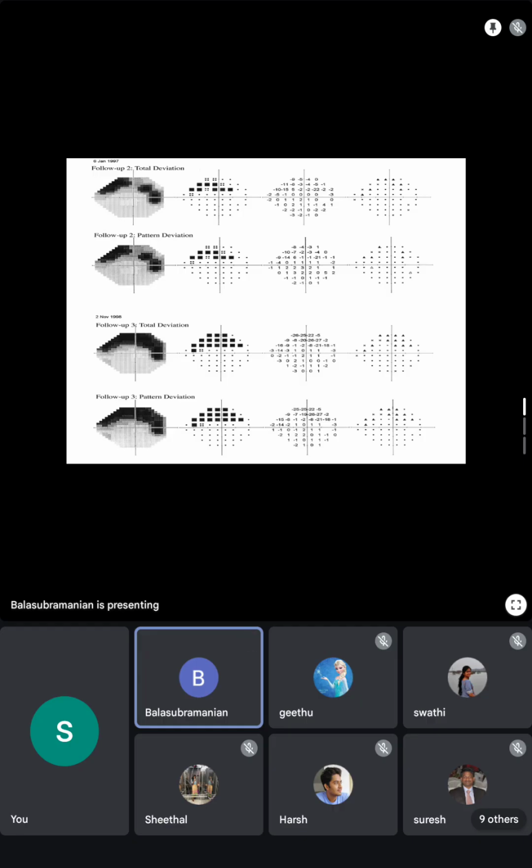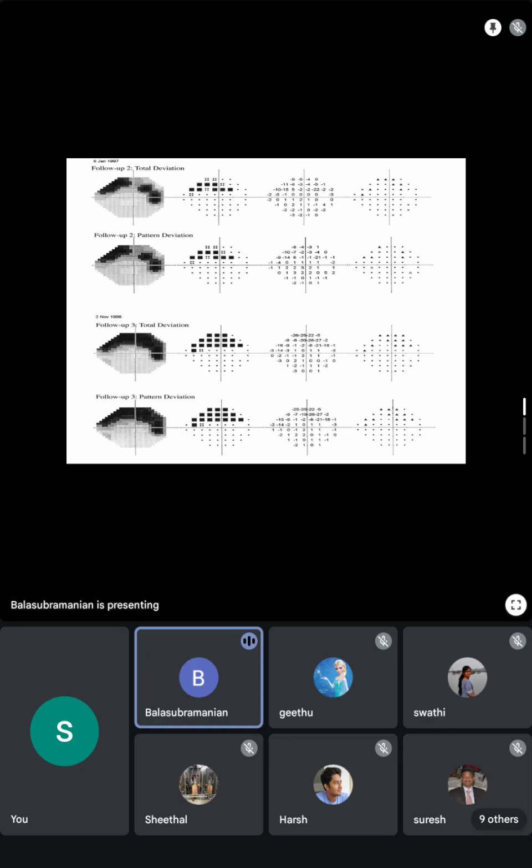Are you able to see that numerical change? Yes. There are some software calculations for how much will be subtracted. That is another complex topic. How they calculate that particular number is a different topic. I just want you to understand that from the total deviation, some general changes are removed and localized defects are brought out better with a pattern deviation.